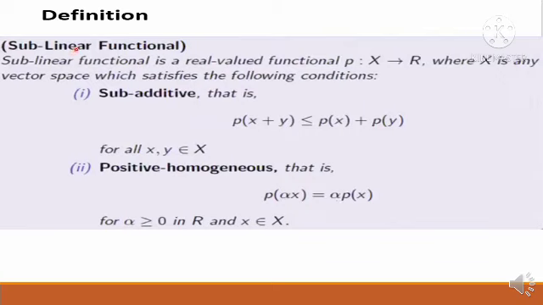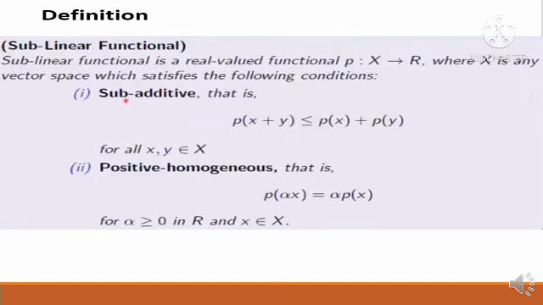Now, sublinear functional. What is a sublinear functional? A sublinear functional is a real valued functional p from X to R, where X is any vector space, which satisfies the following conditions.